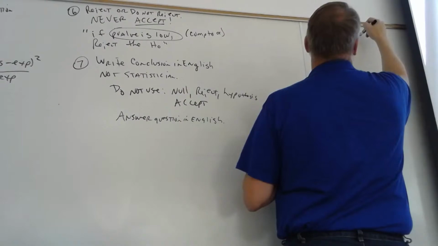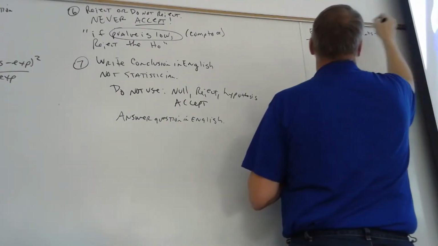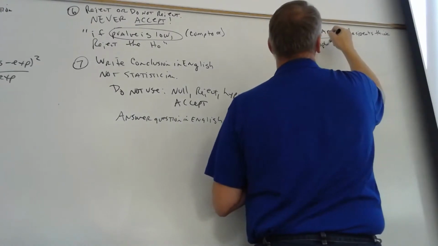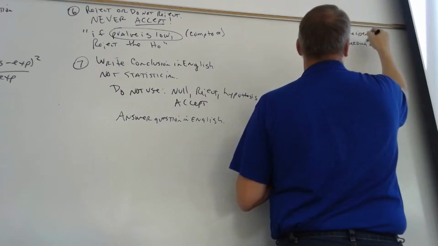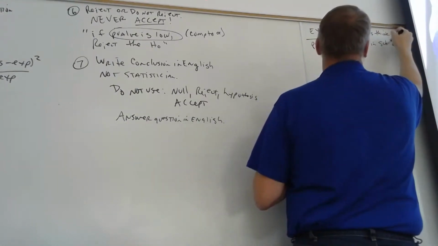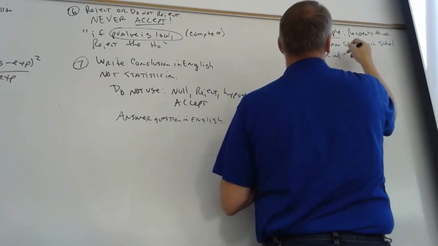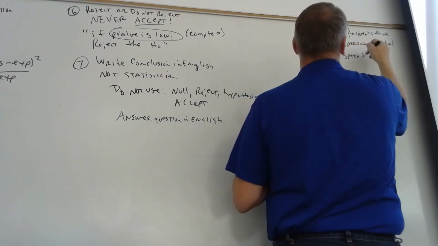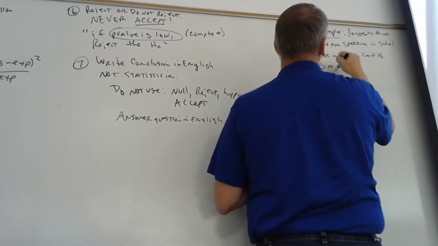Residents think people are speeding in a school zone with speed limit of 25 miles per hour.